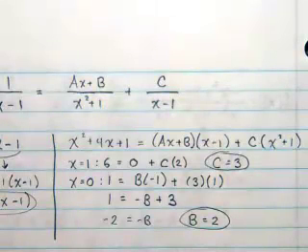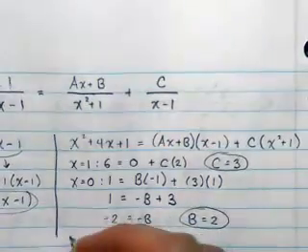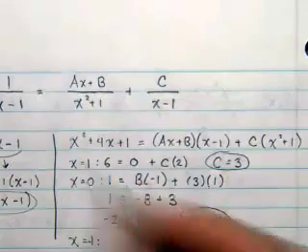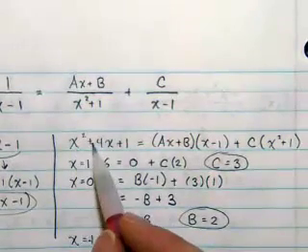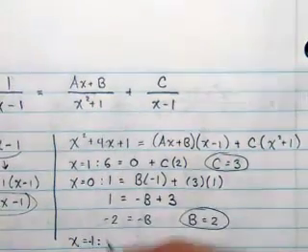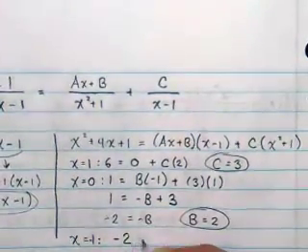So what could we do to find a then, once we know the other two? Yeah. Value you want for x, and just roll with the b and the c we already have. Should be able to find a. So what number would you like? Negative 1? Okay. Negative 1 squared is 1, plus negative 4 is negative 3, plus 1 is negative 2. So we got negative 2 on the left.